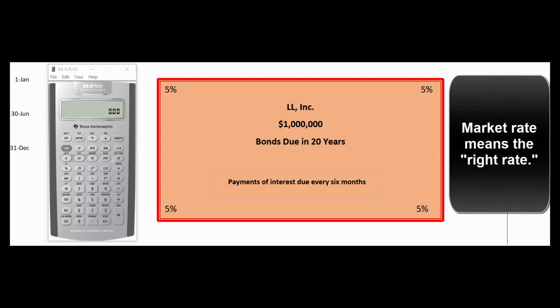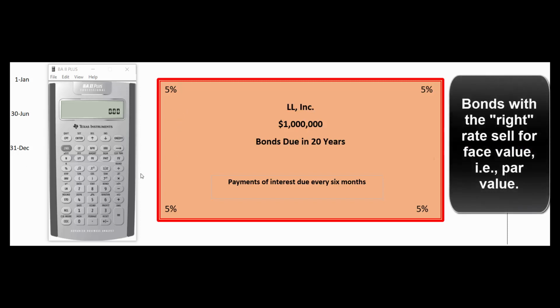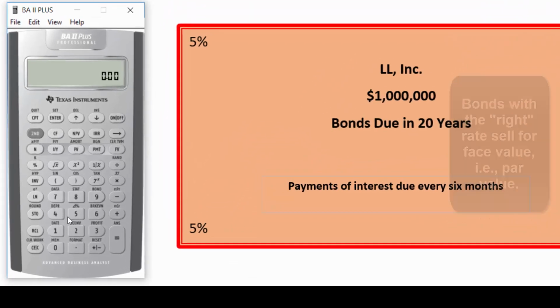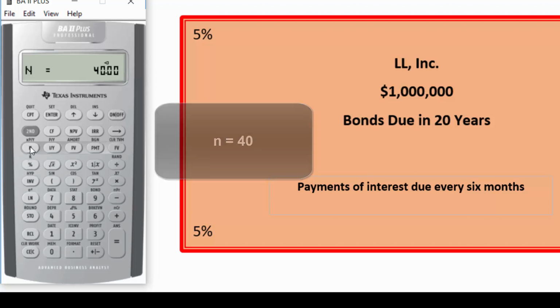So if 5% is the right rate, the market rate, for LL Inc.'s credit for 20-year bonds, we should sell those at face value. Let's find the price of those bonds. Let's find the present value of the future cash flows. So we'll hit second, FV to clear the third row. 40 is the N because these are 20-year bonds and bonds pay interest twice a year.